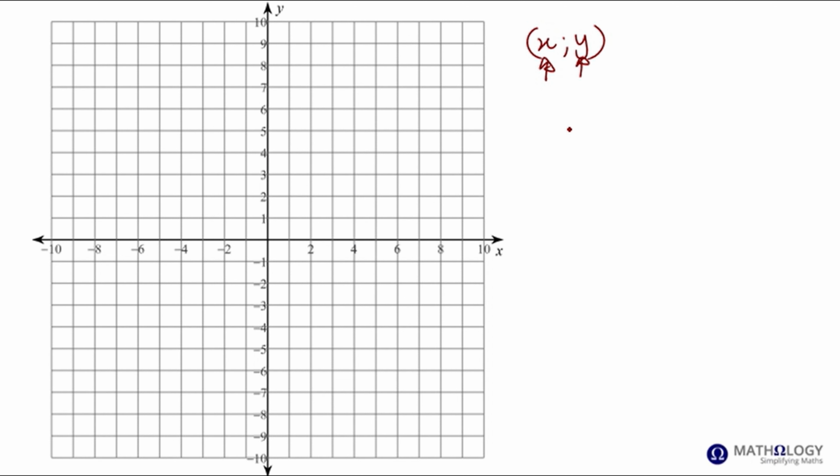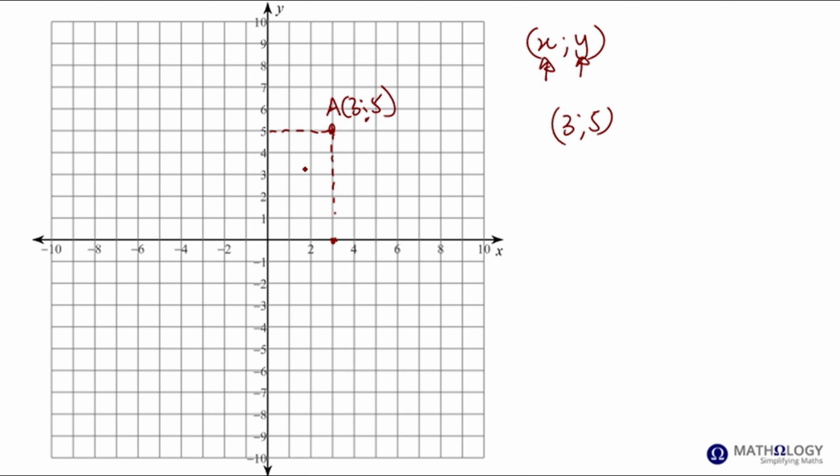So if we want to plot the point 3, 5, we'll go to 3 on the x-axis and then we're going to move up to 5 on the y-axis. So we can just do that, and we can label this point A (3, 5). So every point is listed as x, y in the Cartesian plane.